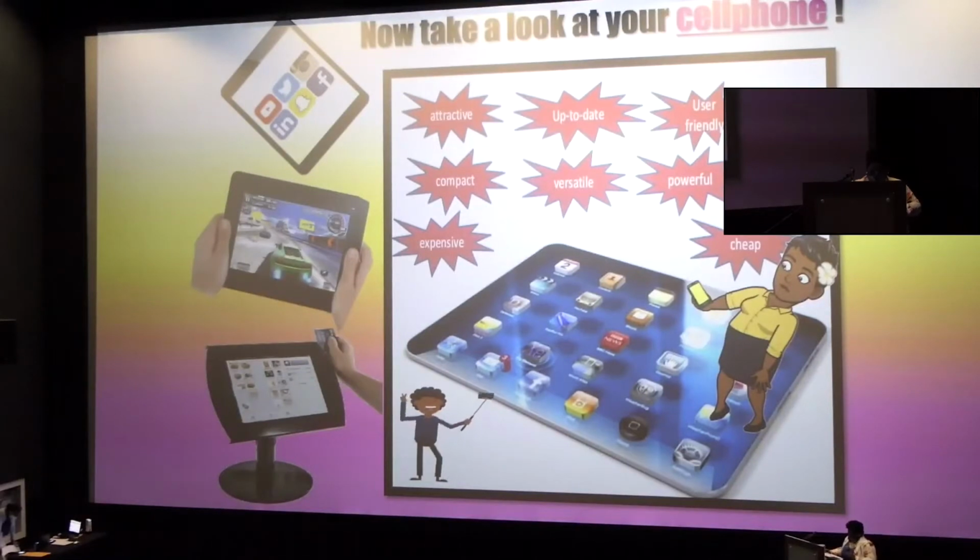Now, I want you to stop and take a look at your cell phone that's in your hand. Some would say it's attractive, up-to-date, powerful, and versatile. Believe it or not, these attributes can apply to us as educators as well. However, we too often downplay our greatness. You are powerful. The words you speak to and on your students in your classroom can change their lives.